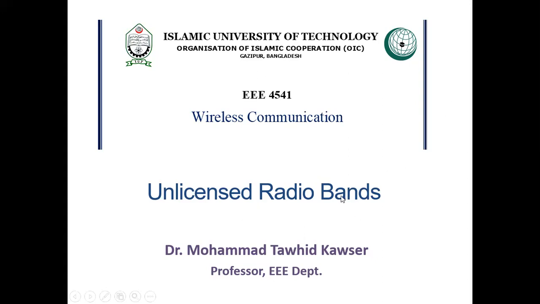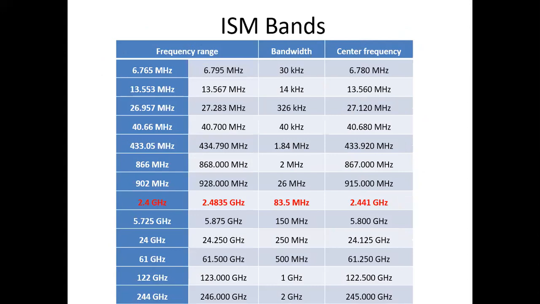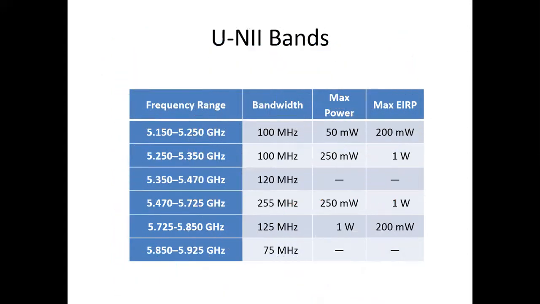Anyway, now we'll talk about unlicensed radio bands. I actually already hinted at some of these facts in small chunks. Let me show you. These are some frequency ranges which don't require licenses. You can use them in our country. And there's another set.